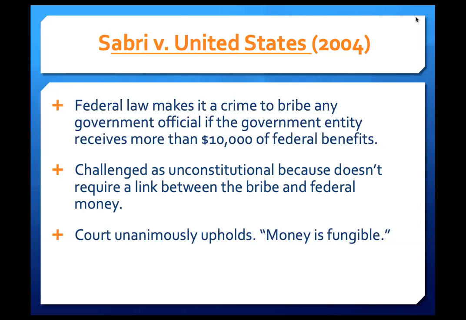And he also rejects the argument that Congress should be required to make sure that there was proof of a link between the money that was at issue in this bribe, federal money that was spent, and the bribe itself, so that we will be sure that the bribe is actually affecting federal spending, because he says, and the court says, money is fungible. Bribery just doesn't work that way.